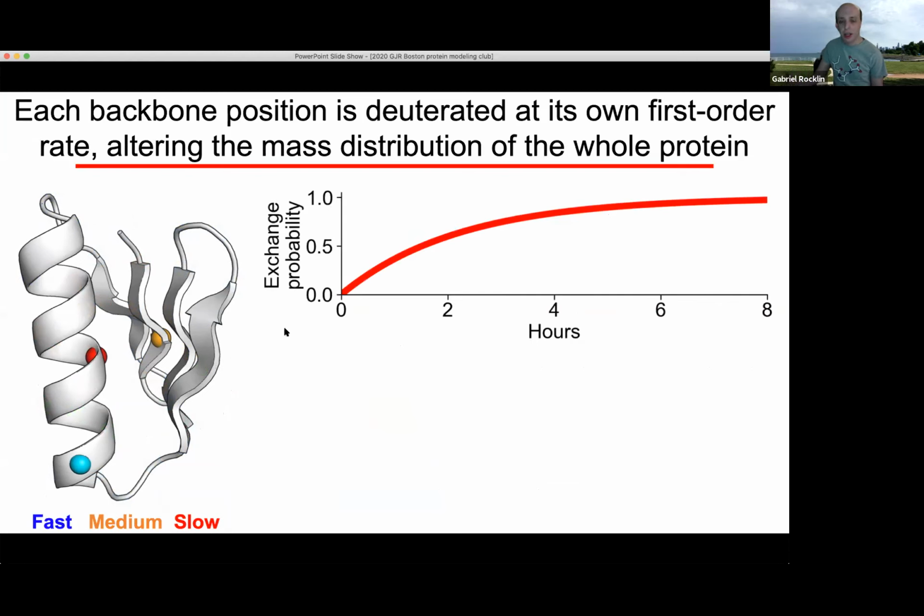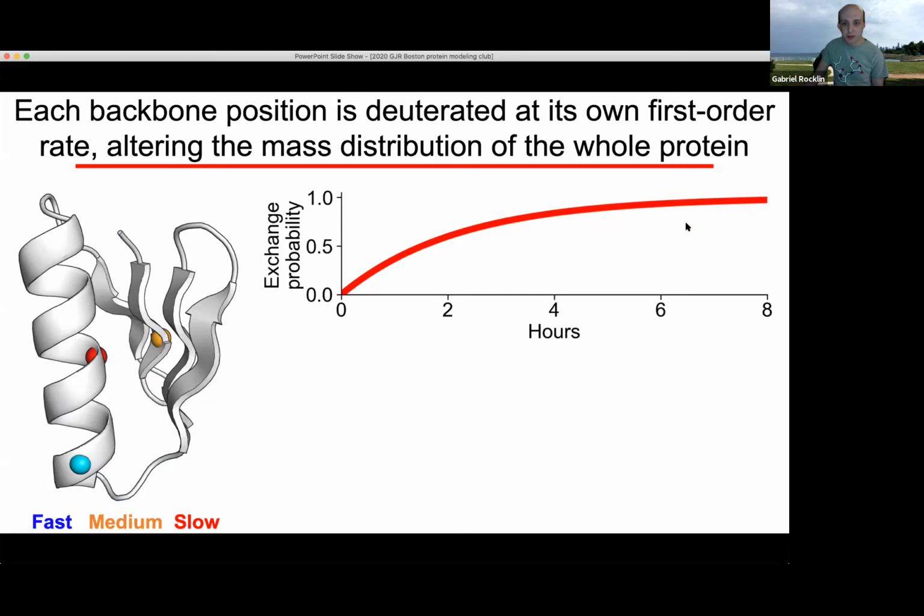Okay, so exchange is stochastic. So even a residue that's in a very stable part of the protein, for some copies of it, there's an enormous number of copies of each protein in the solution. And sometimes that protein will just happen to be unfolded right when it was mixed into D2O, and that residue will exchange very fast. But on average, that residue is taking a long time to open up and exchange.